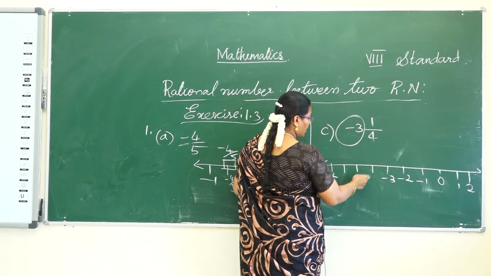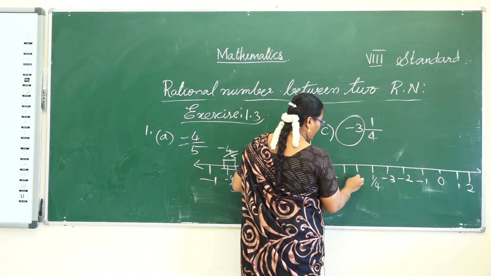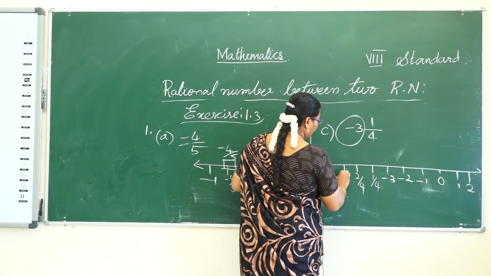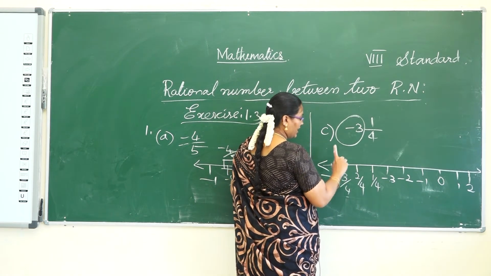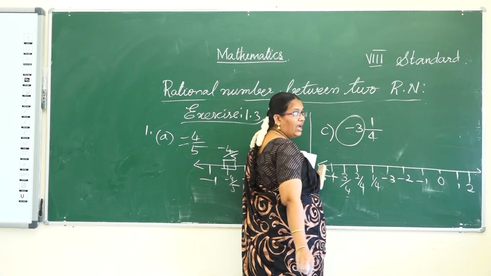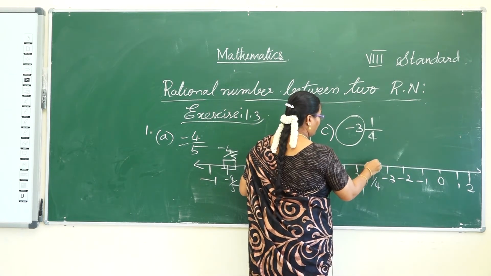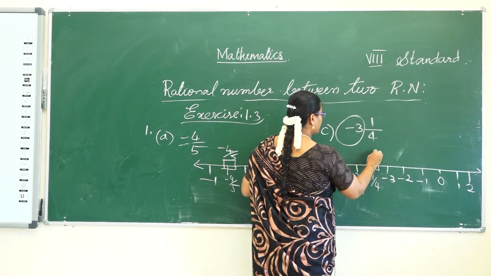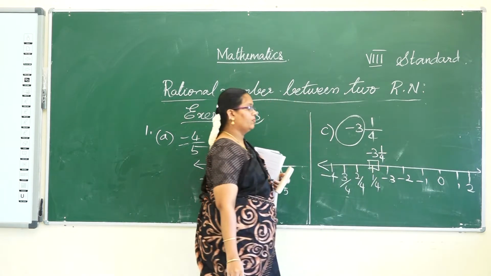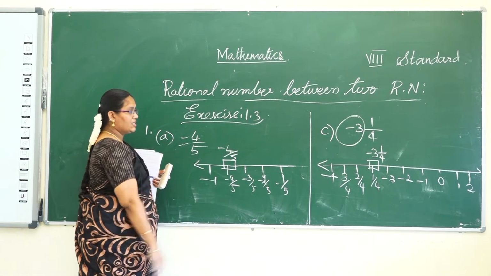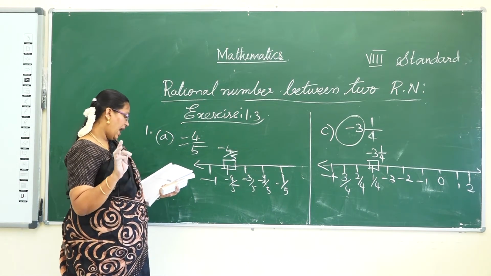The first part denotes 1 by 4, the second 2 by 4, the third 3 by 4, and the fourth 4 by 4. We get the 1, so the value will reach minus 4. So minus 3 1 by 4 is marked in this place. I hope you understand the concept. D1 is also homework. So B and D are homework.